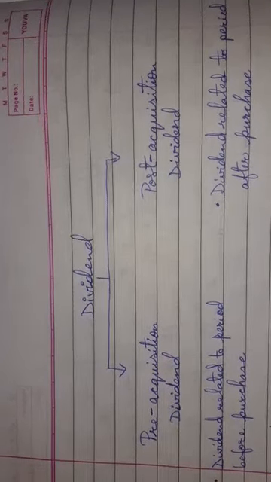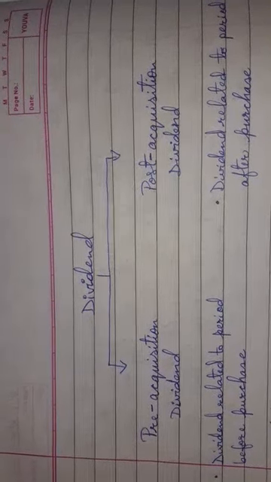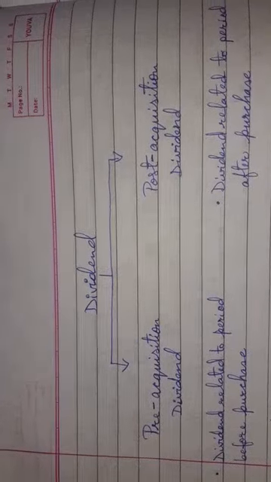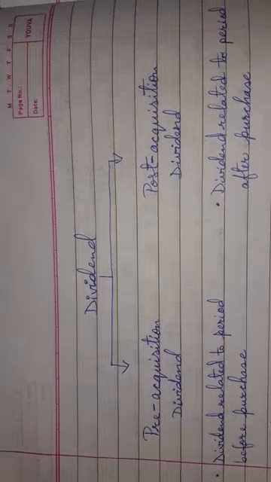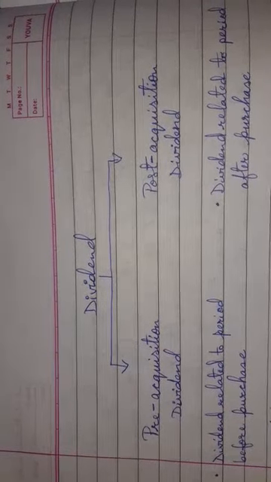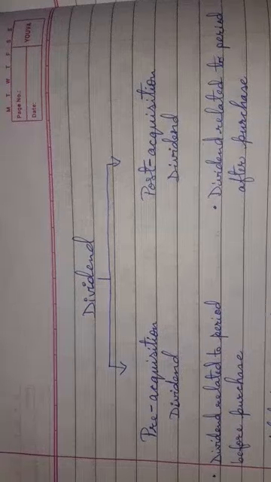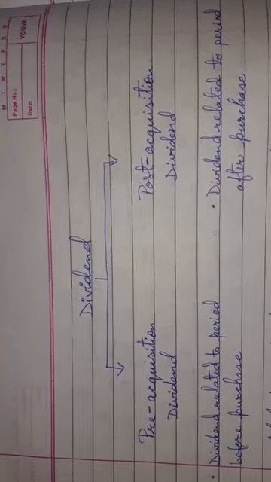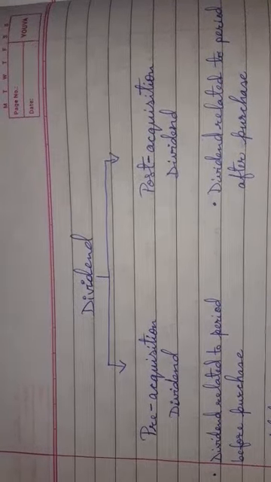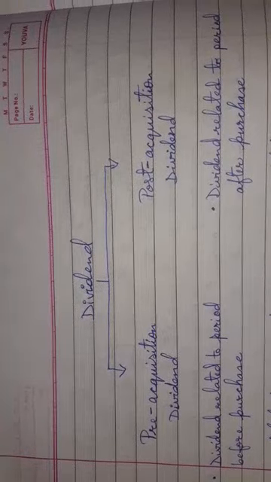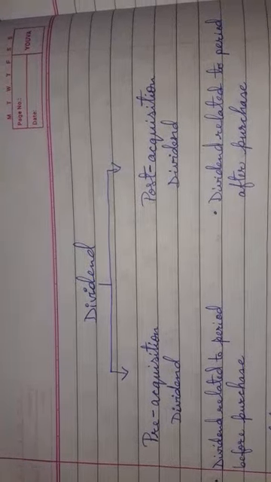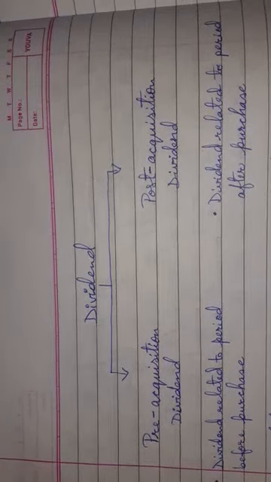Before I move on with the next problem, we will first see what this dividend is. As I said earlier, dividend is divided as pre-acquisition and post-acquisition. So there are two types of dividend in these problems. Firstly, pre-acquisition dividend is the dividend which you receive before you purchase the shares of any company.